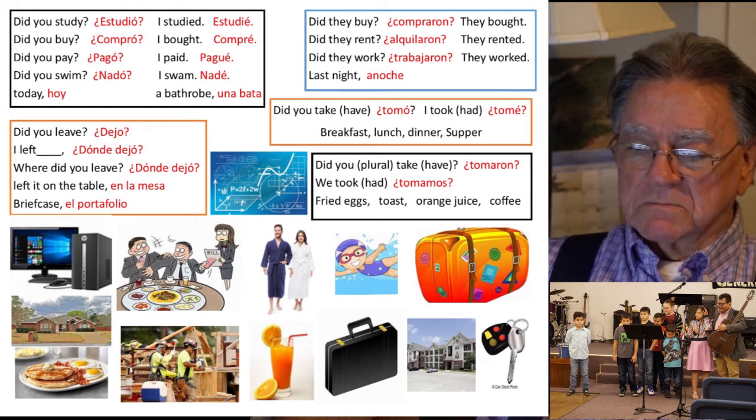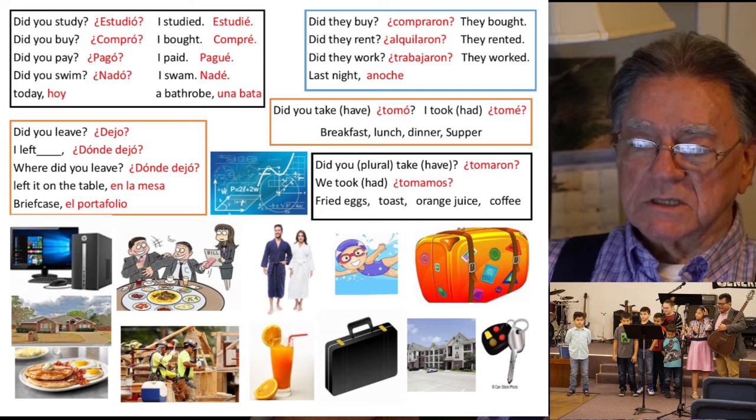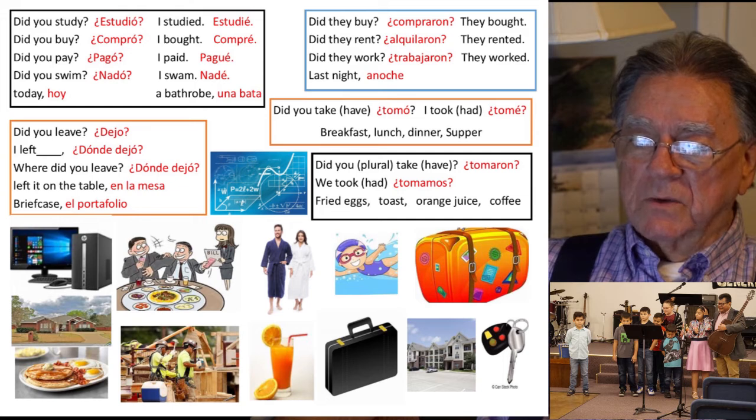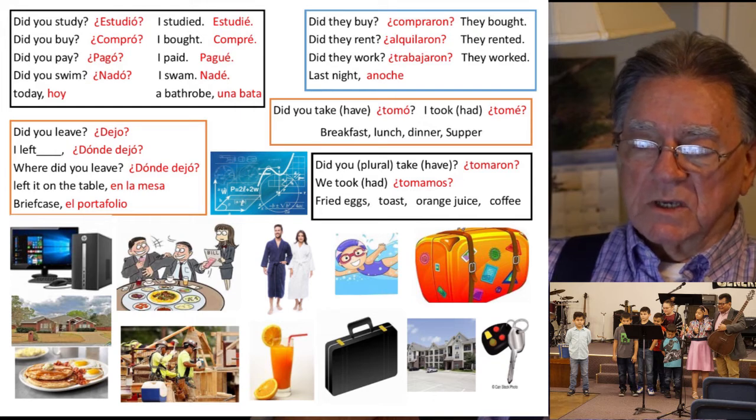And then there's people buying a big meal and says, did you pay? Yes, I paid the bill. And then there's two people, they have a new bathrobe. Each one has a new bathrobe. One is gray or black and one is white.